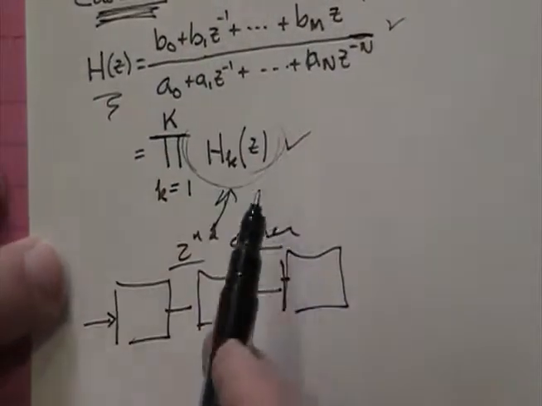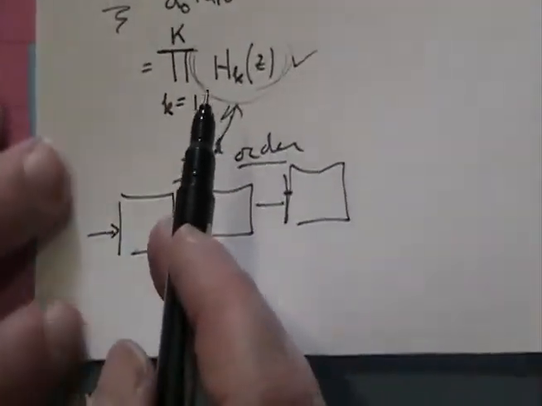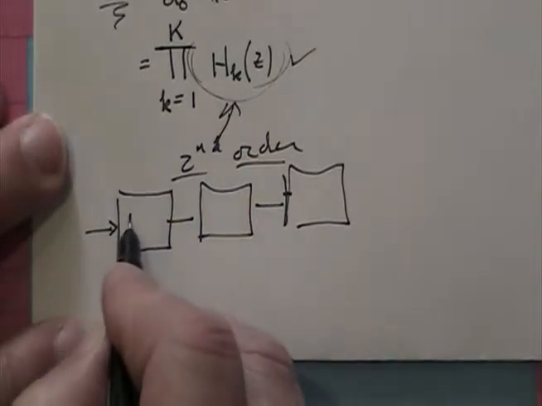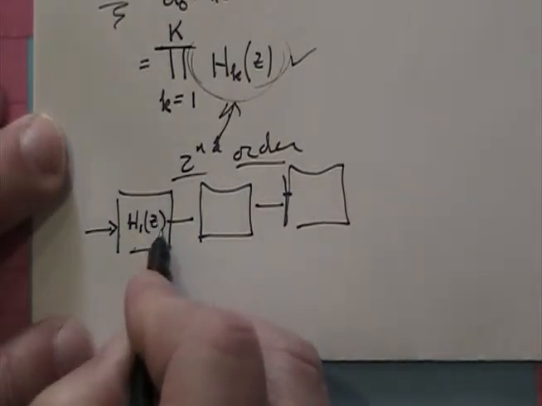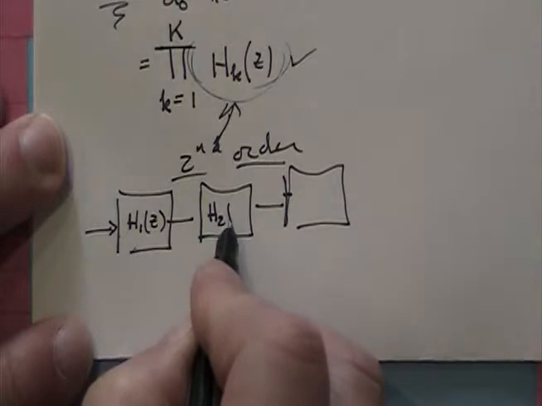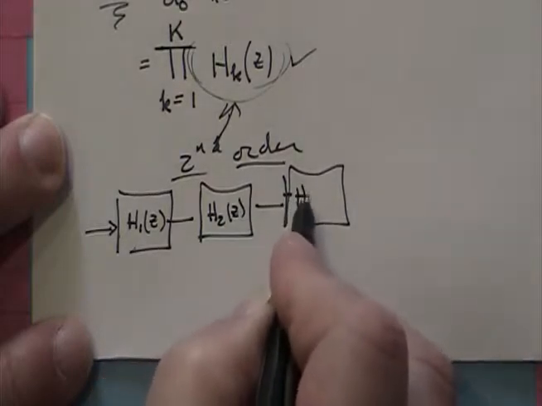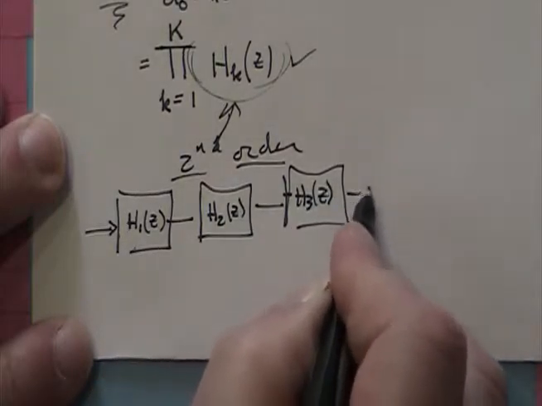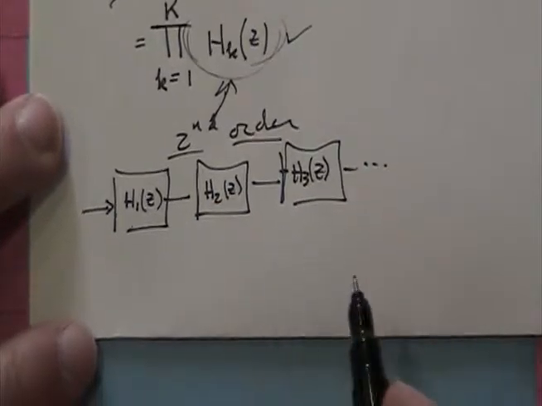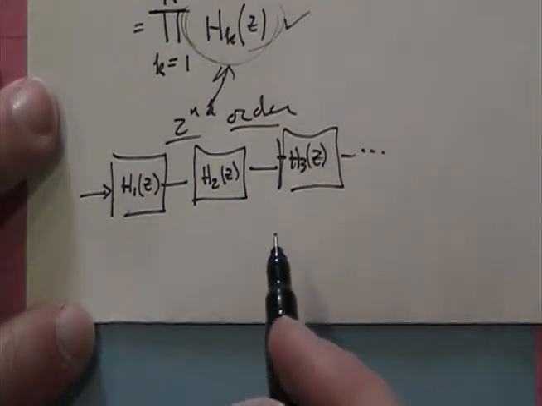Instead of trying to build one complicated difference equation for the high order filter, I'm going to use 2 poles and 2 zeros here, 2 more, and so on, in order to get to the overall collection of poles and zeros I want.